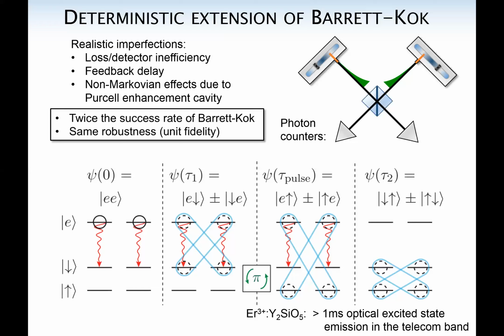You can send these photons over long length scales. But it also has a very slow spontaneous emission lifetime. So you could imagine doing this kind of protocol over kilometers, given the 1 millisecond optically excited state in this defect. And also in superconducting circuits, where you can tune the spontaneous emission lifetime of qubits with bath engineering techniques.